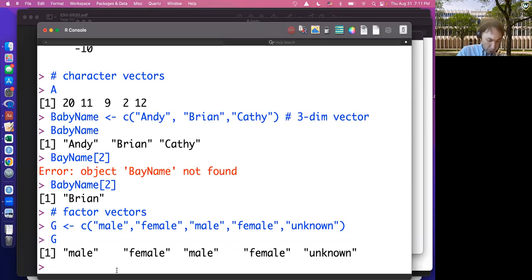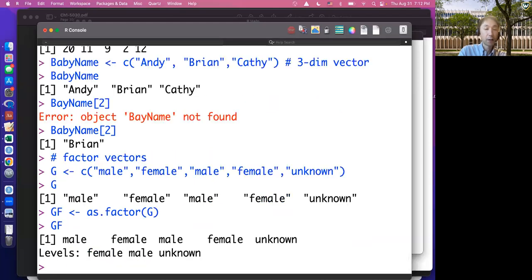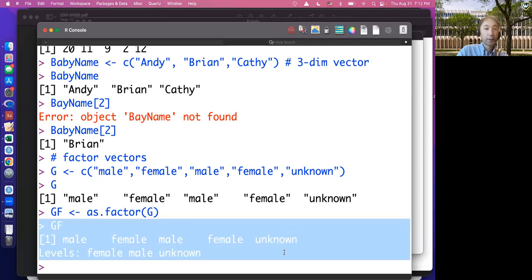To make R recognize these categories, we have to use the as.factor function. So I write this as GF, G as factor. Then this vector becomes this.